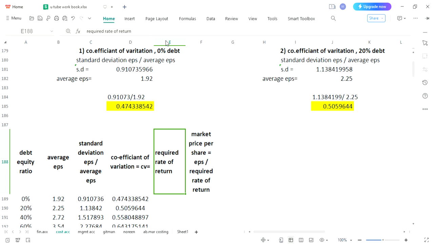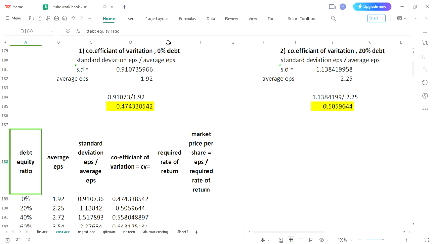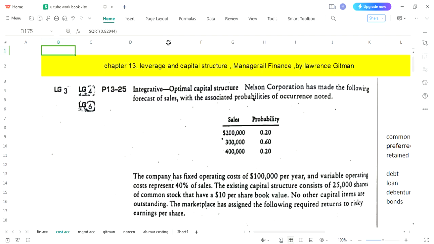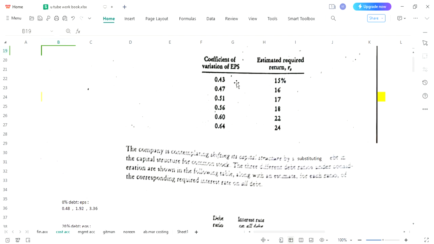Simply we will go and pick the rates according to these statements. Let's get back to the question. Over here you can see that for each CV required rate of return is mentioned. So we will pick according to our CVs.